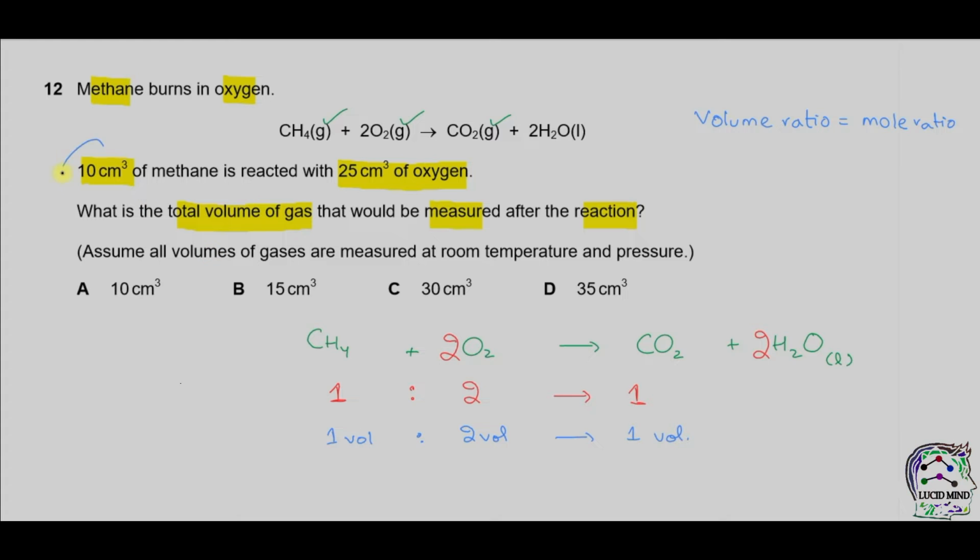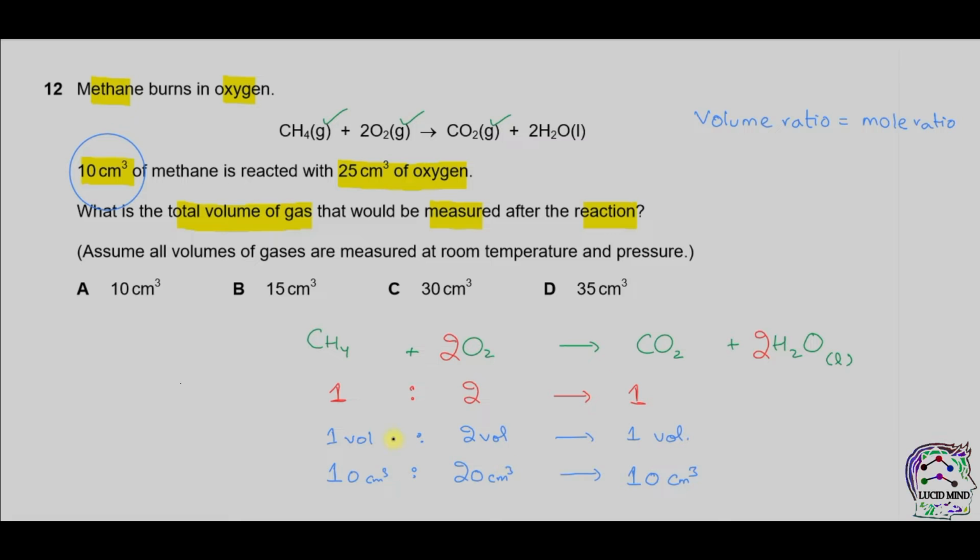In the question, they have given 10 centimeter cube of methane, so we can write 10 instead of 1. Then, as it is 1:2, this will be 20 centimeter cube. Now as the ratio of CH4 to carbon dioxide is also 1:1, if this is 10 centimeter cube, carbon dioxide will also be 10 centimeter cube.